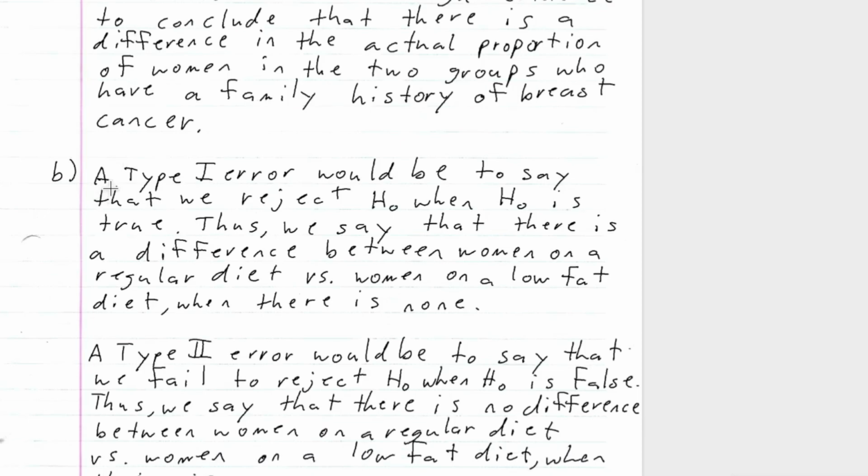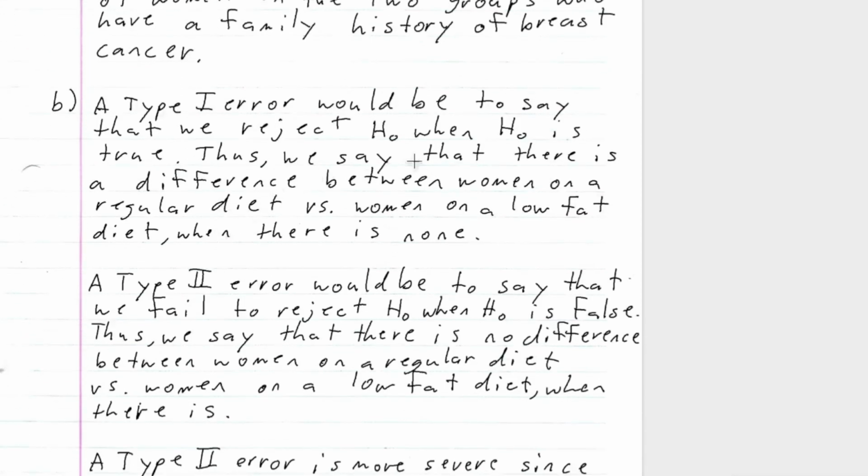So a type 1 error would be to say that we reject H naught when H naught is true. Thus, we say that there is a difference between women on a regular diet versus women on a low-fat diet when there is none, right? So we say there is a difference when there isn't.